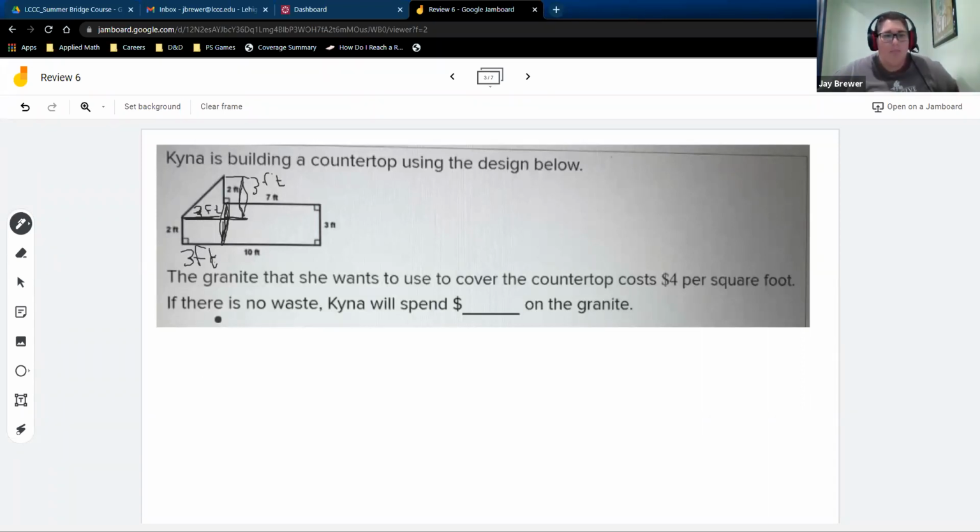Okay. So 3 feet, 3 feet, 7, 7. We want to find square footage, so that's going to be area. So we'll do 7 times 3 equals 21 square feet.